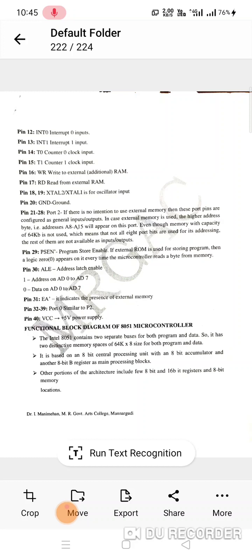The other portion of the architecture includes a few 8-bit registers, 16-bit registers, and 8-bit memory locations.